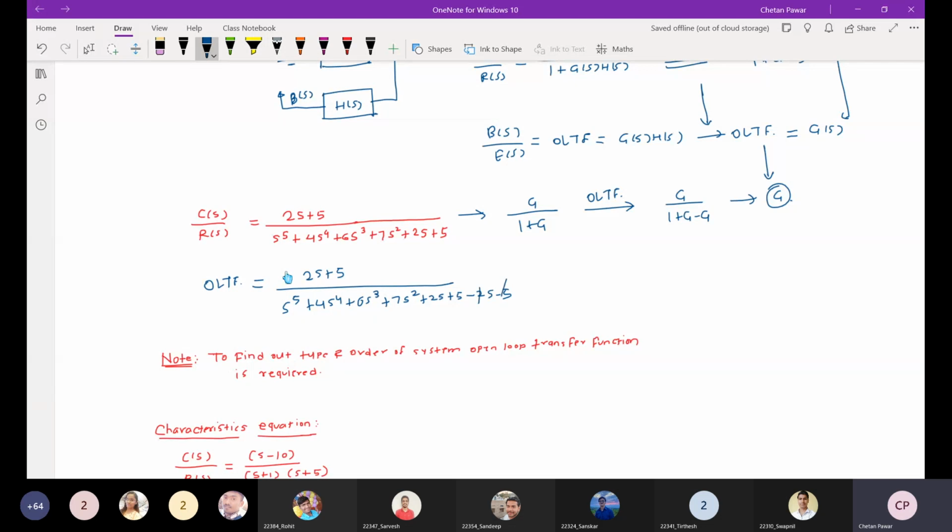So these two terms will get cancelled. Okay. Six is 7s square. S square, no?